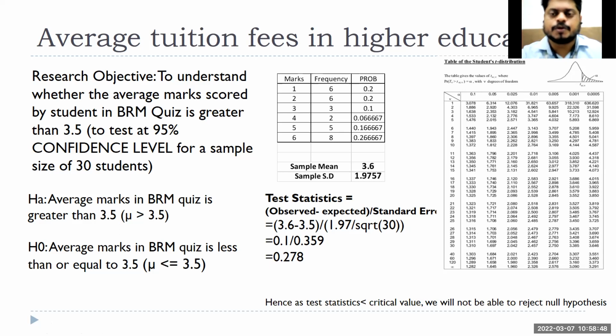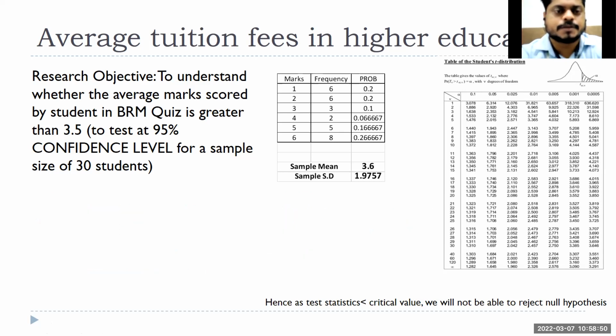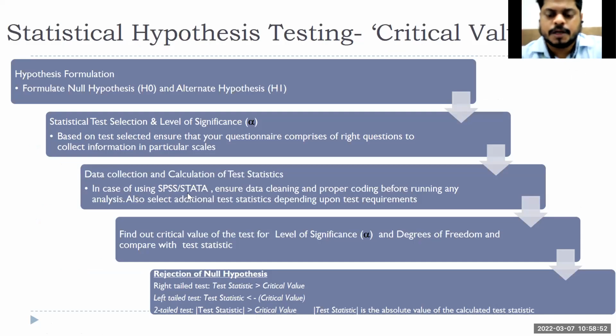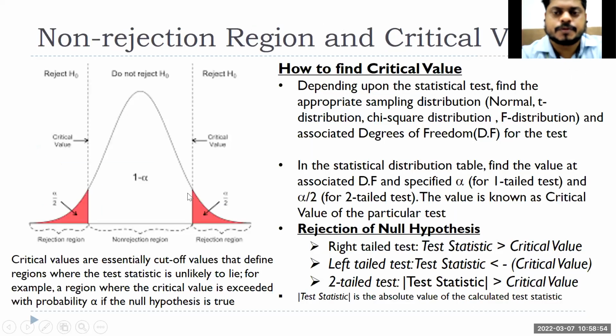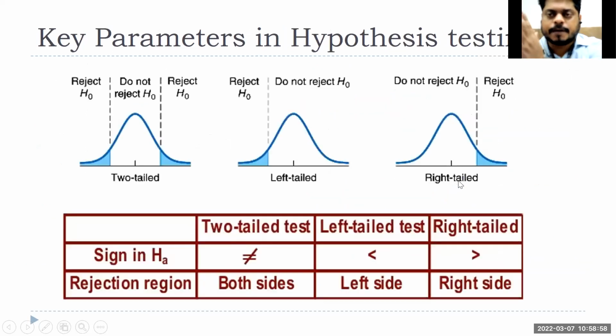So now what I have to say is where my test statistic lies if my null hypothesis was true. If I go back to this, look at this right tail test. What I'm trying to prove is that the average marks is greater than 3.5. I calculated a test statistic of 0.278. If my null hypothesis was true, I then find the critical value.